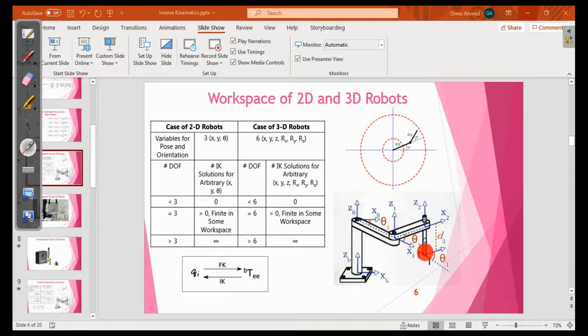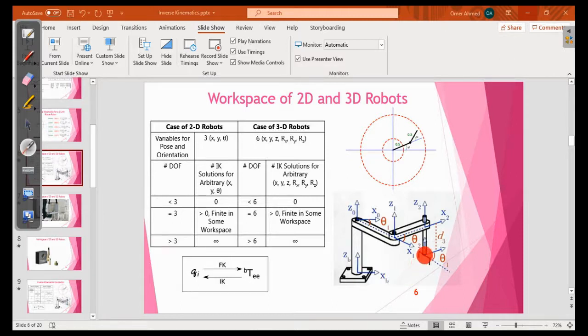The SCARA robot is useful. It can pick things up, but if you think about it, its end effector is always pointing down, right? It can rotate around this vertical axis, and it can reach some finite places where it can reach any given position, but there is no way for this robot to make the end effector point somewhere else.